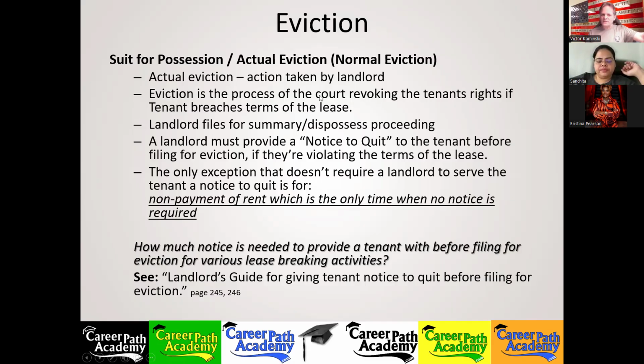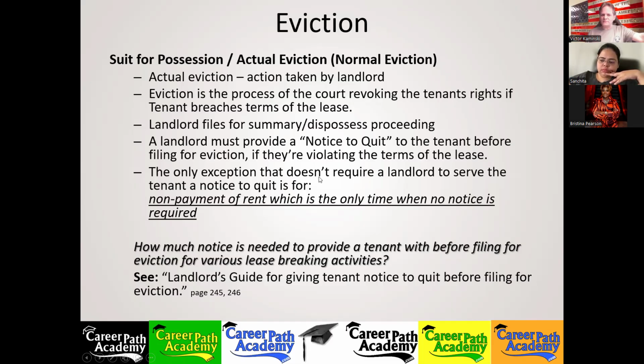So eviction is the process of the court revoking those tenants' rights when the tenant breaches the lease.